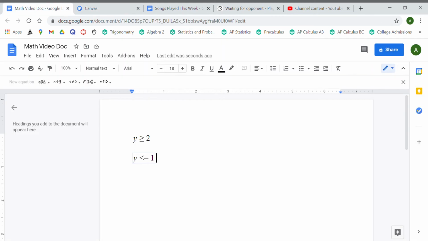Now, I want you to try this one. So what do we do now? Oh no, you tell me. Well, note that we have a greater than sign, not a greater than or equal to sign. So guess what kind of line we gotta use? Solid line or dashed line? A dashed line, right. Now notice that x is the variable here. And when we have the one variable as x, we gotta have a vertical line.